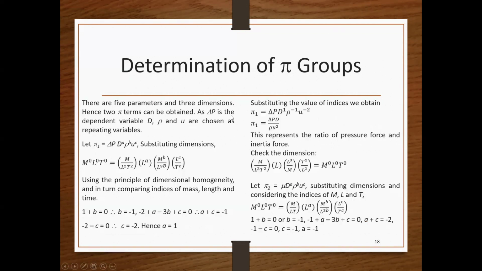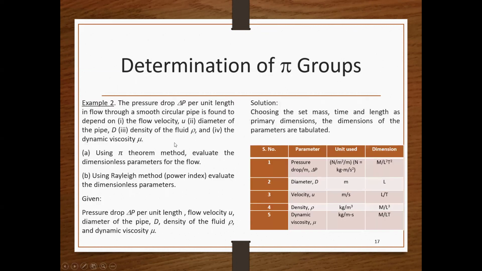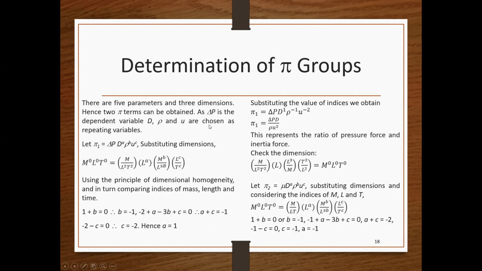As delta P is the dependent variable, delta P is a function of velocity, diameter, etc. So for the independent variables, the repeating variables are D, rho, and U, velocity. So let pi 1 equal delta P, D exponent a, rho exponent b, U exponent c.